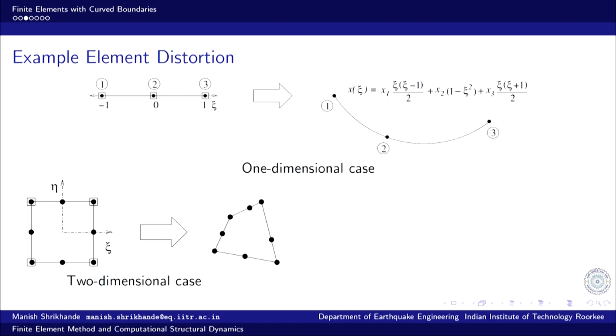So, there are 2 kinds of interpolation as we saw earlier. One is the variation of the primary variable within the interior of the element domain, and second is the geometry, how this parent element is going to be mapped in the actual problem domain.